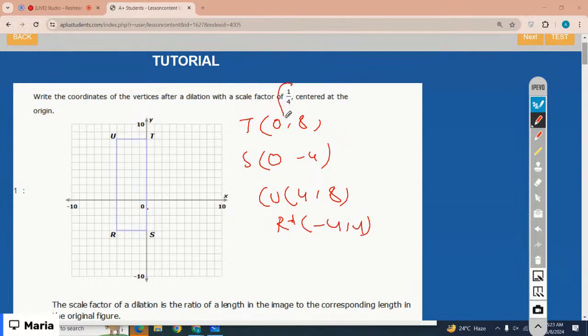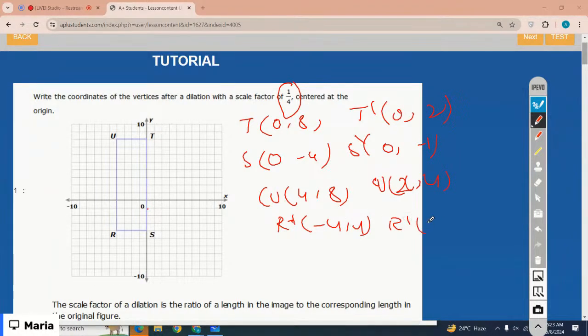You have to scale by the factor 1 by 4, multiply all of them by 1 by 4, right? So T dash: 0 times 1 by 4 is 0, 1 by 4 times 8 is 2. S dash: 0 times 1 by 4 is 0, negative 4 times 1 by 4 is negative 1. Then you have U dash, that would be 1 times 4 is 1, 2.